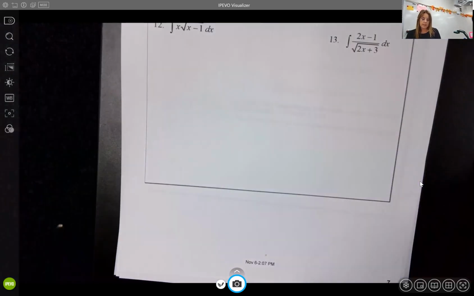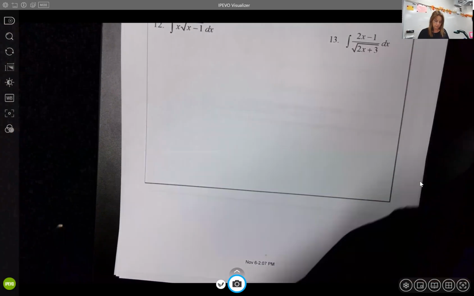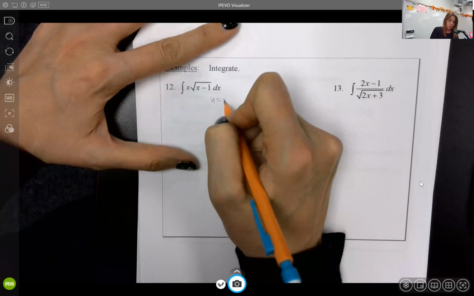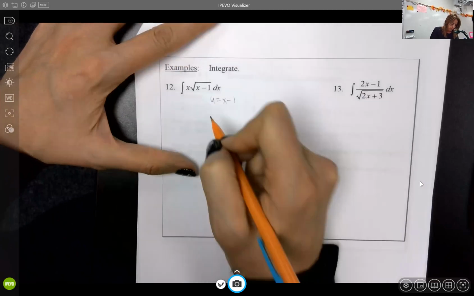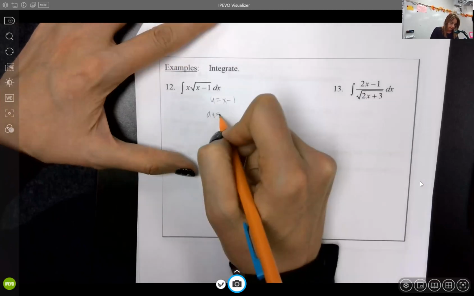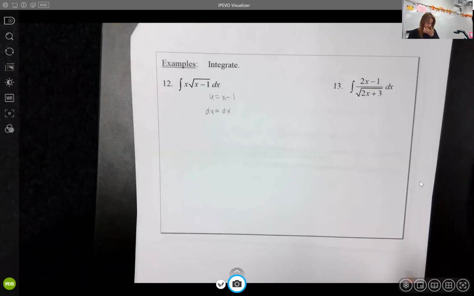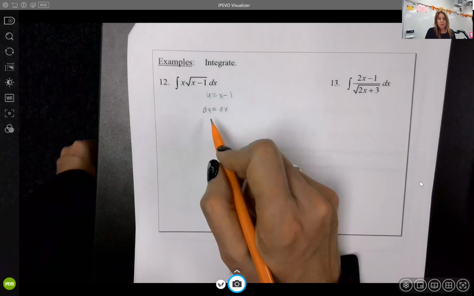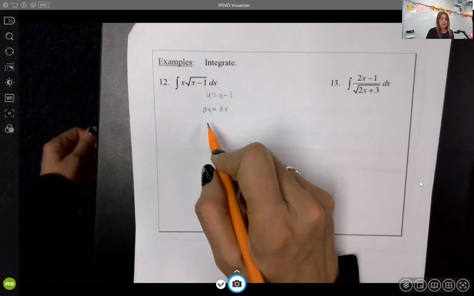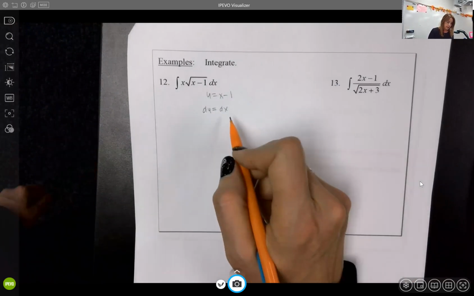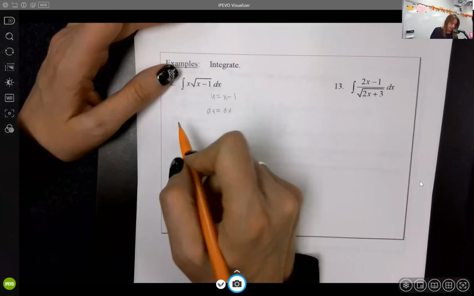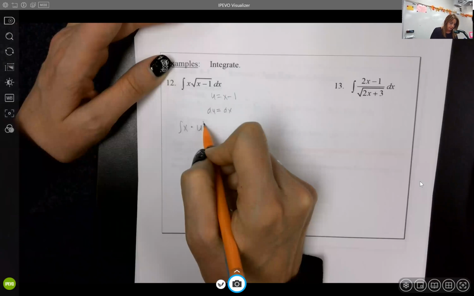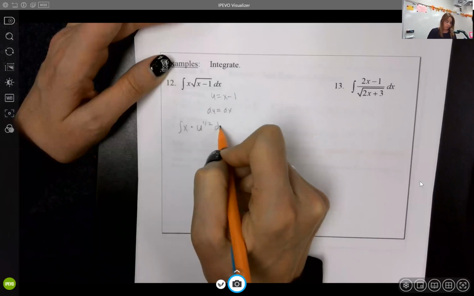So the radical is x minus 1. I'm going to do the same thing. u is going to be x minus 1, and du is just dx. So I noticed that du equals dx, and if I replace this, I get x times u to the 1/2 du.